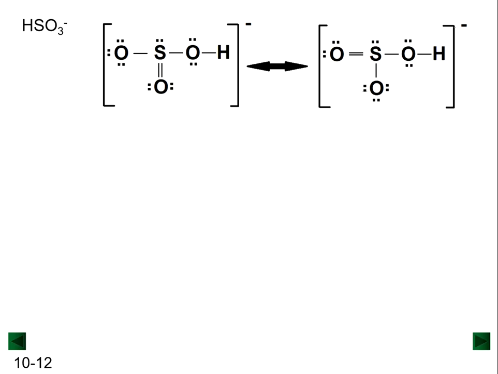Next, we'll look at the bisulfite ion. The monohydrogen sulfate anion has a resonance structure that's shown here. If we look at the central sulfur atom, you can count up the number of electron groups. How many do you see?